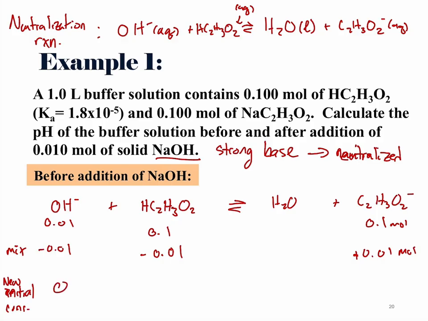So this is going to be 0.11, 0.099, 0.099. Right, so this is the first step in calculating the pH of the solution.